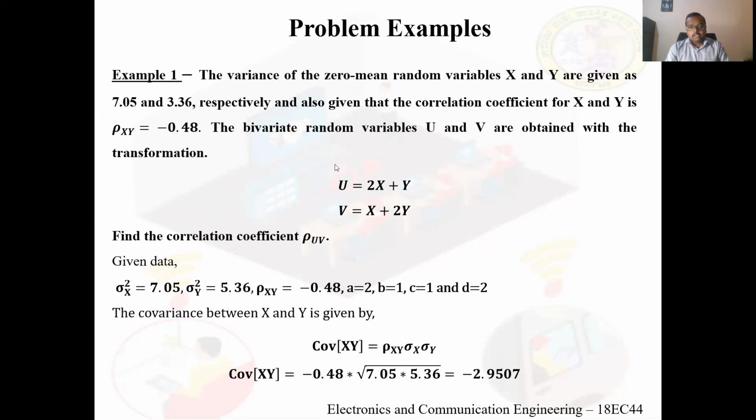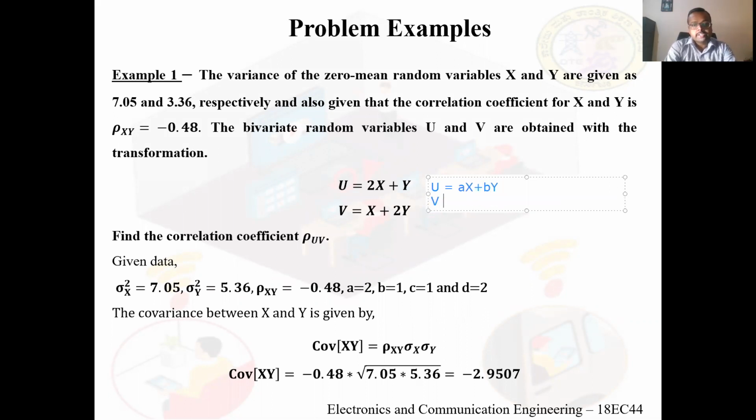Now, what is the transformation equation given for U and V here? 2x plus y, x plus 2y. Now here, just by looking at this, we know that this equation looks like Ax plus By.